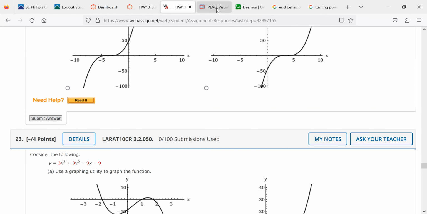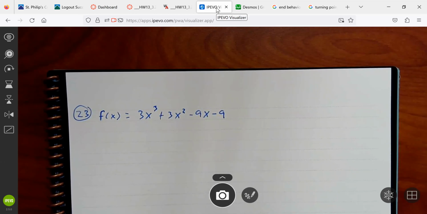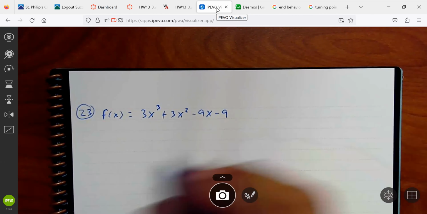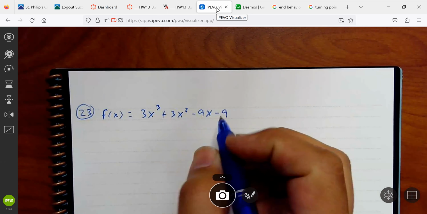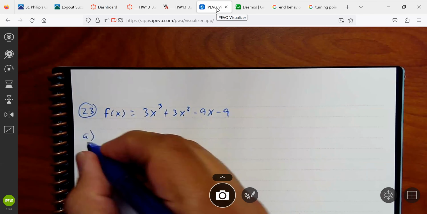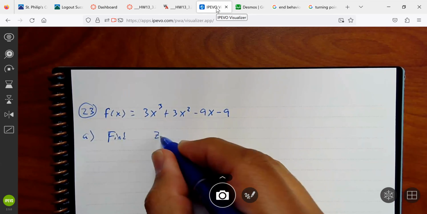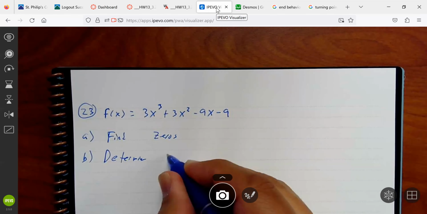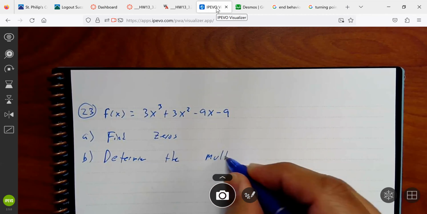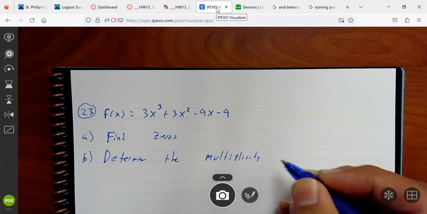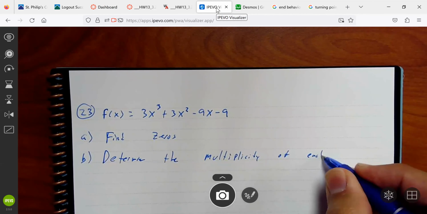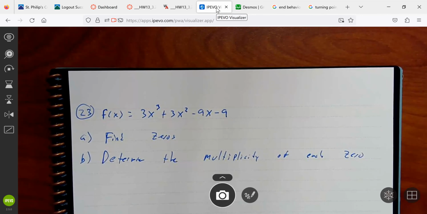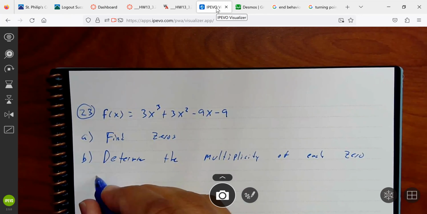Well, that's stupid. It's fine. Let's pretend that they asked for more. Factor this guy, so find zeros, or B, determine the multiplicities. Hopefully it's an interesting example. I just picked it at random, but we'll see.